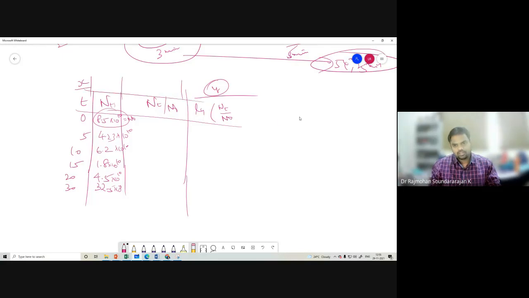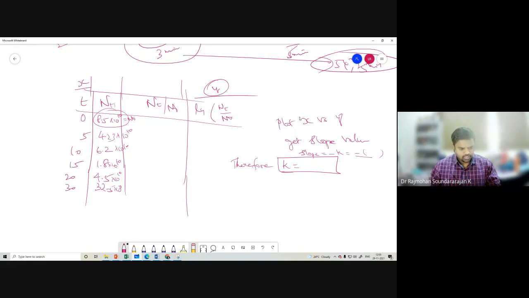Now plot x versus y, get the slope value, report it as k equal to this. Yeah, please calculate this and tell me the value. We will stop there.